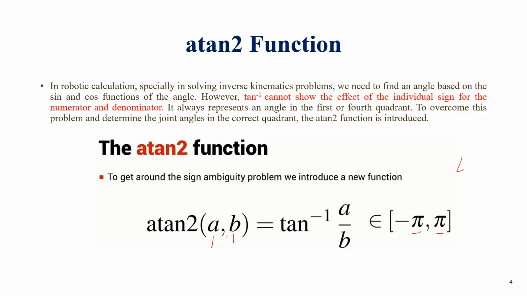If it is the tan function, it will just give a value between minus pi by 2 to pi by 2, whereas with the arc tan 2 function, as we give both coordinates, x and y, as shown in the earlier figure, you will be getting the theta angle within minus pi to plus pi. By examining the sign of both the values, x and y, the angle will be in this range. So it is always advisable to use the arc tan 2 function.